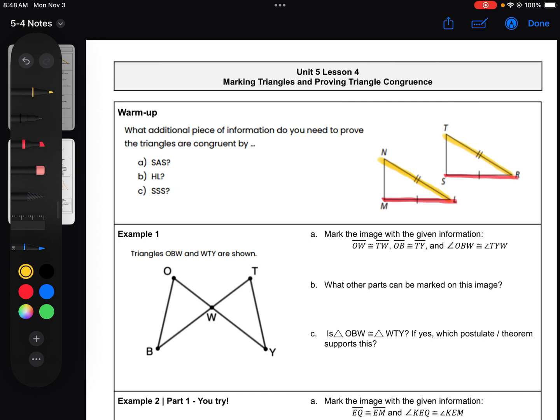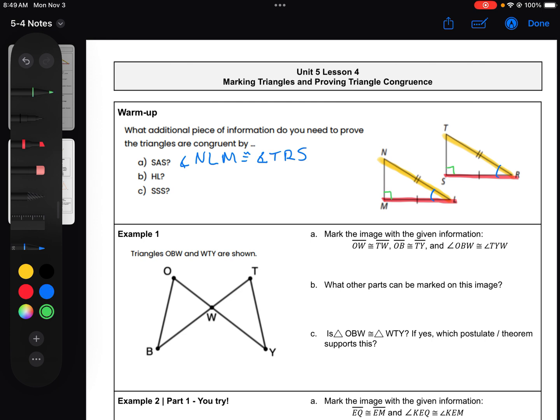So for side angle side congruency, what we would need is that angle NLM is congruent to angle TRS. If we have that, then we can prove them congruent by side angle side. Hypotenuse leg congruence, we are just missing the 90-degree angle.